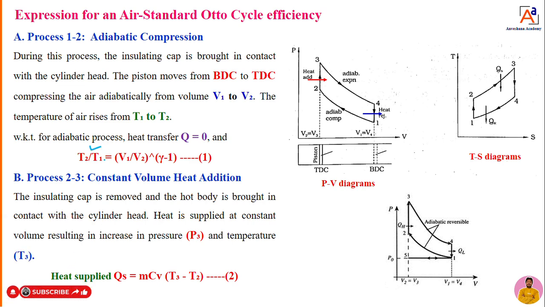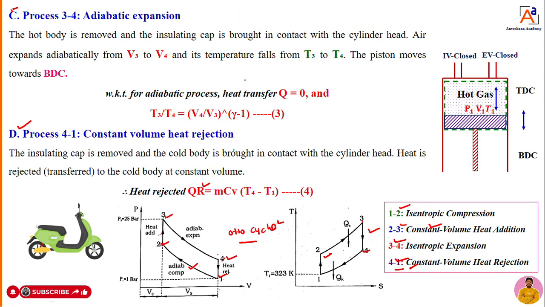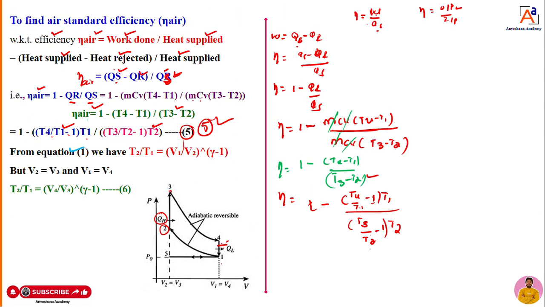T2 by T1 is equal to (V1 by V2) to the power of gamma minus 1. That you call equation number 1, and I will use it for further calculation. So I have taken equation number 1 here: T2 by T1 is equal to (V1 by V2) to the power of gamma minus 1.